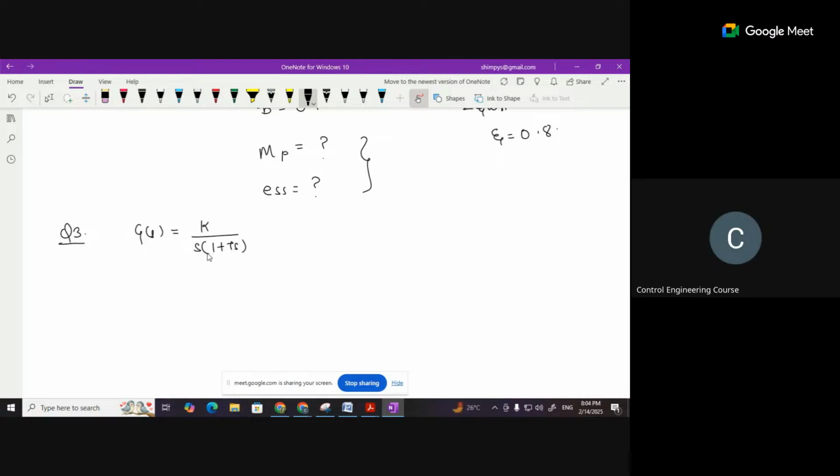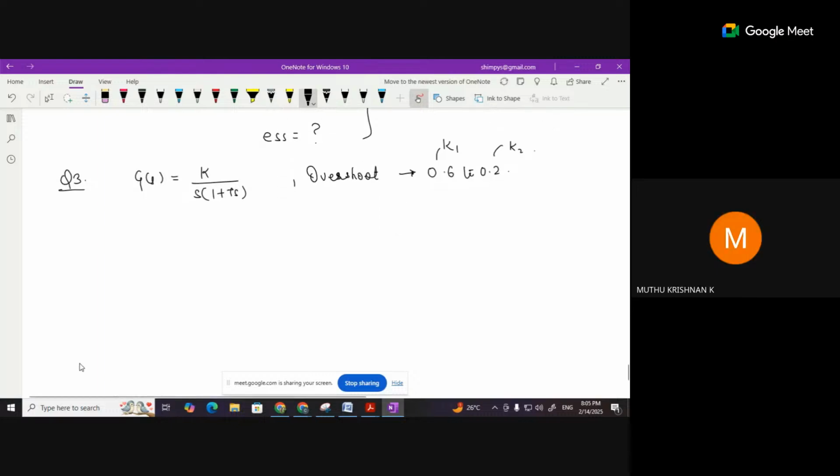For this system, overshoot reduces from 0.6 to 0.2 due to change in this K only. If K1 and K2 are values of K for 0.6 and 0.2 respectively, then which expression holds true? This is the question, right?